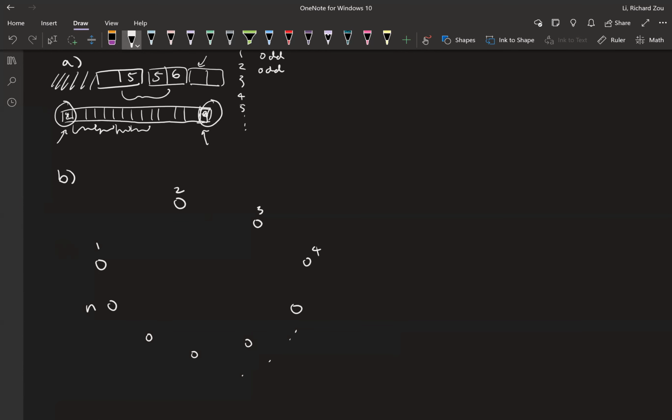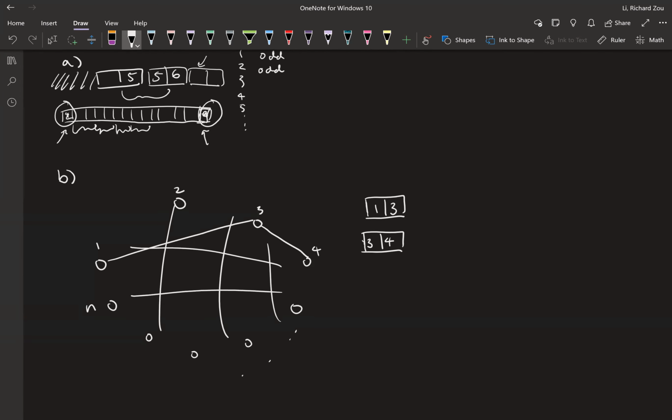If there's a domino that has 1 and 3, for example, we might say there's an edge between 1 and 3, because we can link them together using this domino. If there's another domino that has 3 and 4, you might draw an edge between the two, and so on. You might draw a bunch of edges, and this forms some sort of graph.